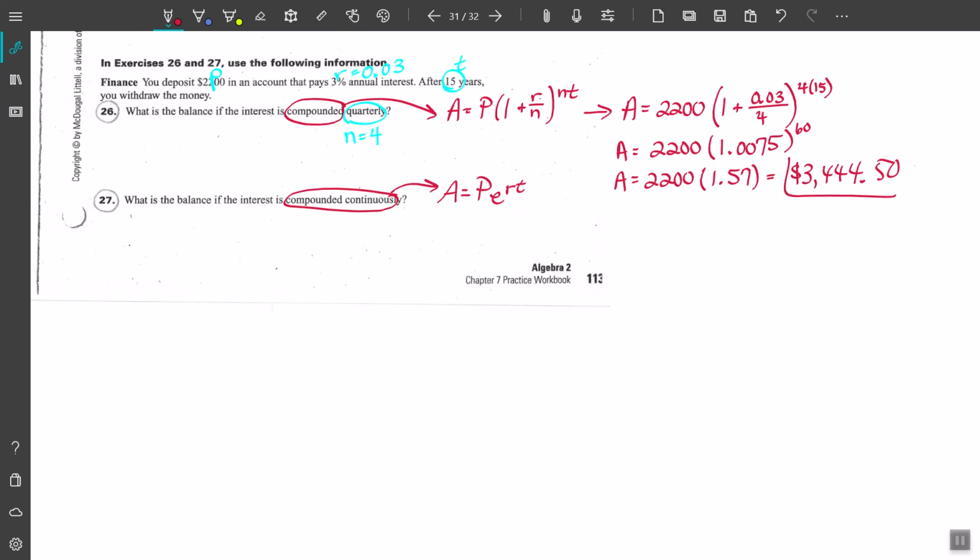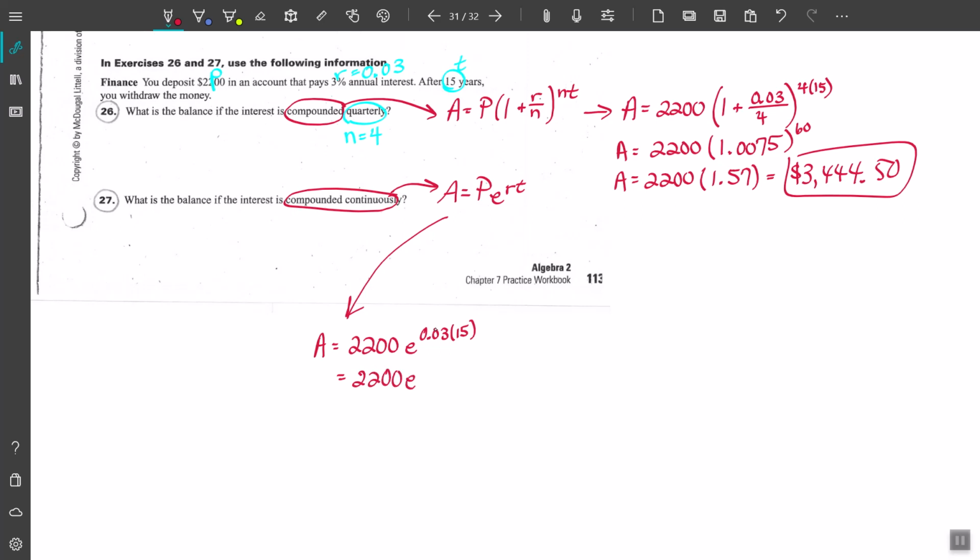All right, so let's see how that number changes. I'm going to come down here and plug it into this natural base function. Same principal. We're multiplying by e raised to the interest rate, 0.03, times the 15 years. So I'm going to figure out my exponent first.